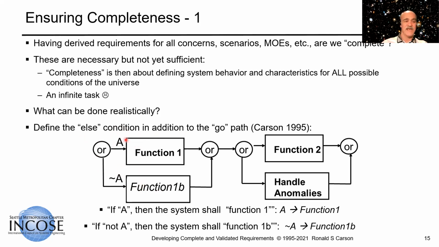If I have condition A, I do function 1. If I have anything else, I do function 1B. It might be keep doing what you were doing before. It might be stop. It might be shut down, whatever, but you have the opportunity to define that. And defining these is why the stakeholders will have to get involved, because they didn't think about this condition.